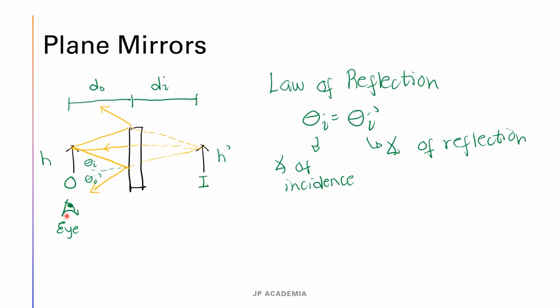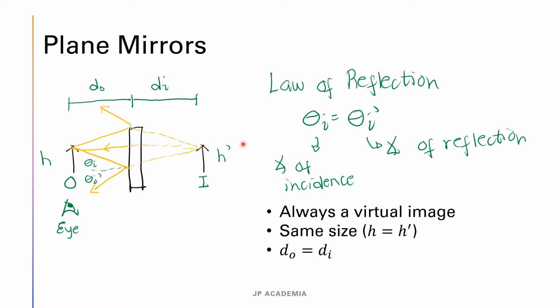Note that the light cannot pass through the mirror, so it's purely reflection. For a plane mirror, the image formed behind a mirror is always virtual, meaning the light does not come from the image. In terms of size, as can be observed, the image size is equal to the object size. Last, the object distance is equal to the image distance.